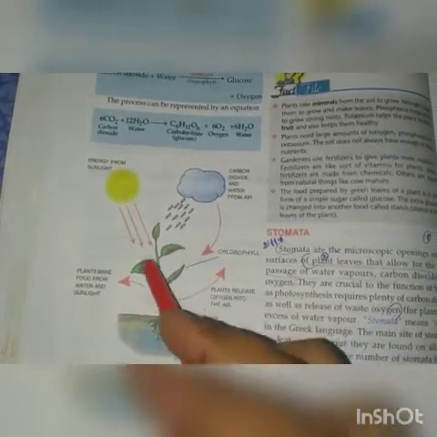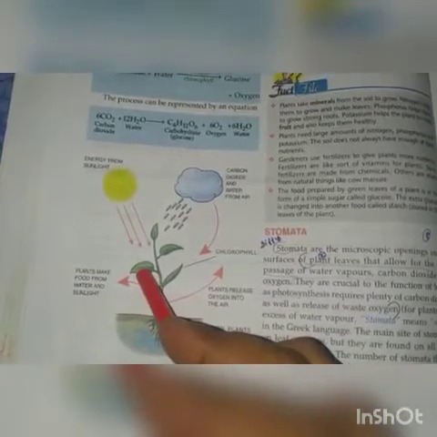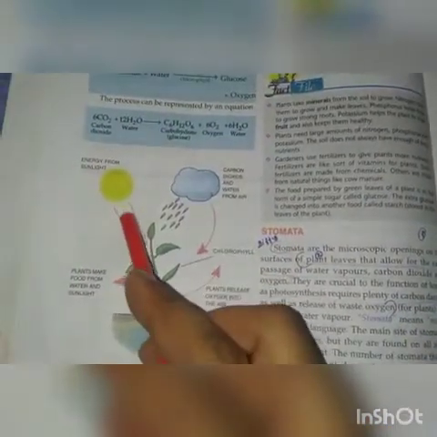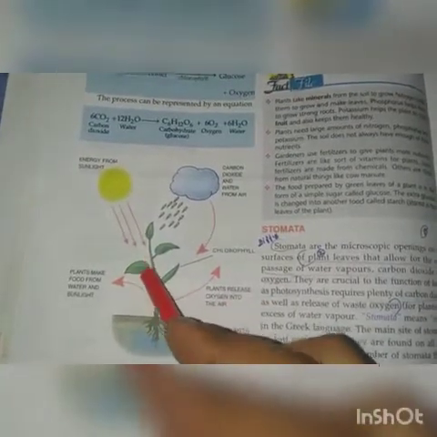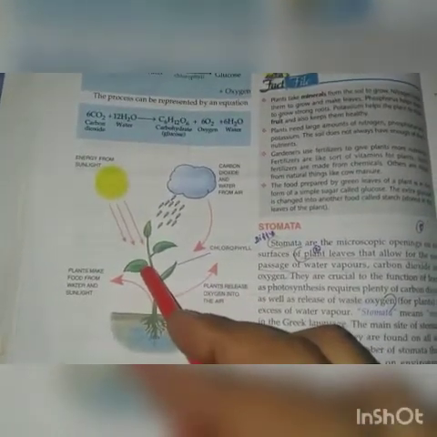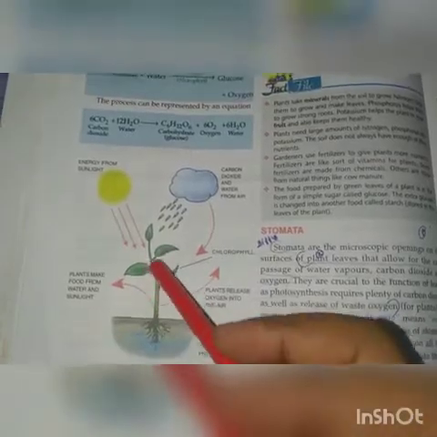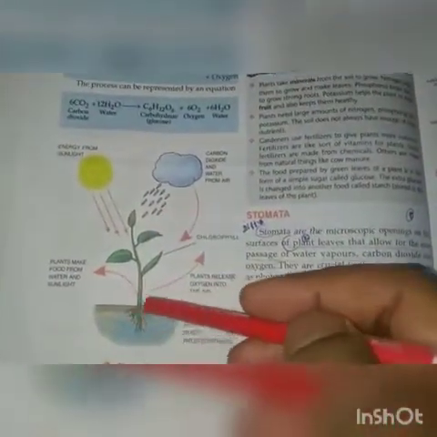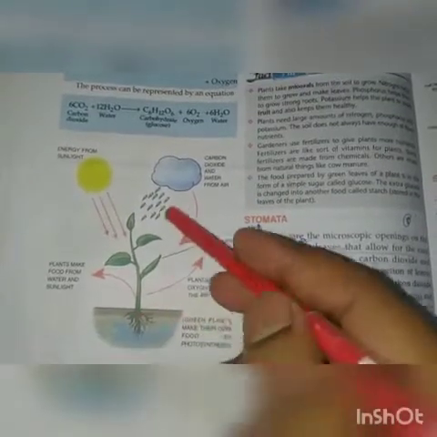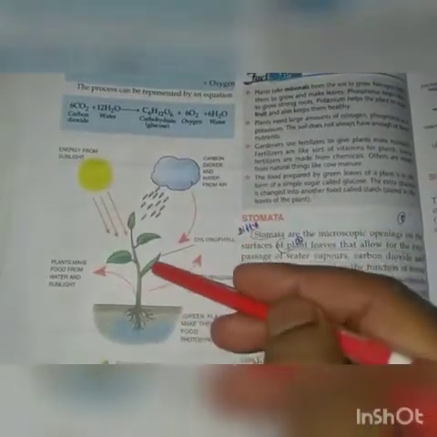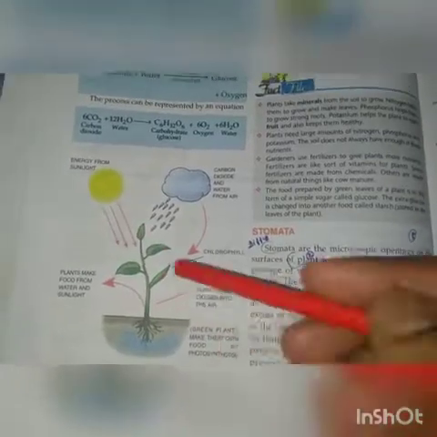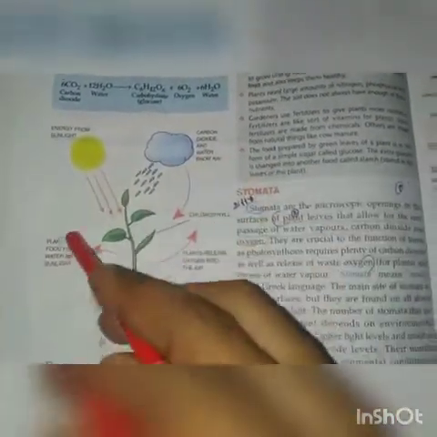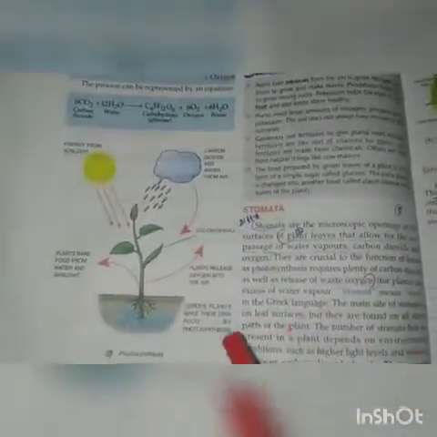The leaf already contains chlorophyll, and sunlight falls on it, which activates the cells where the water splits and the process starts. So it takes in carbon dioxide and gives out oxygen. This is the process of chlorophyll. You can practice this diagram.